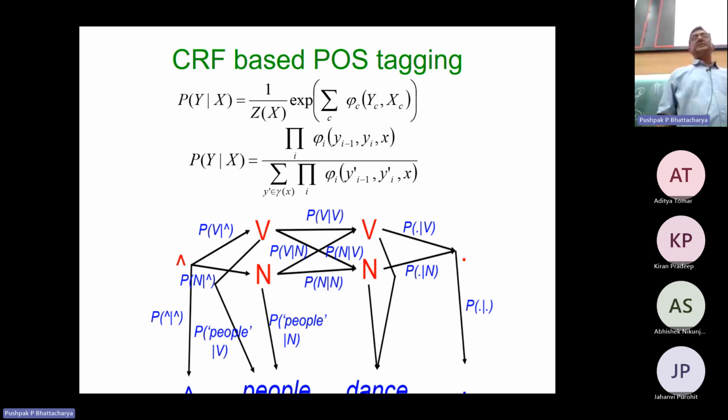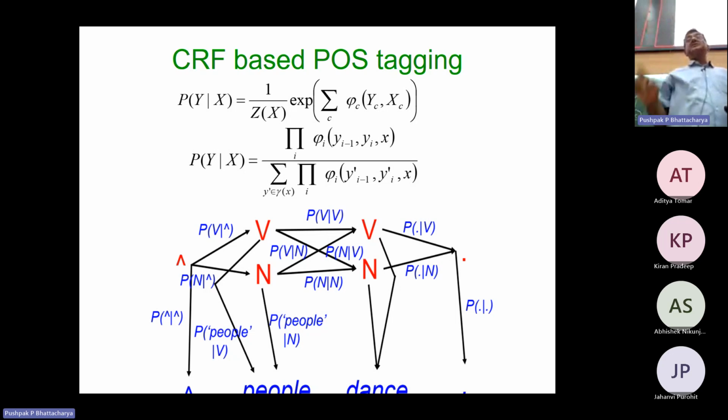So you see probability of y given x. This will have to be looked upon as a sequence probability, and also as a joint probability given the x. And the joint probability will have to be broken up into small parts depending on the dependency.